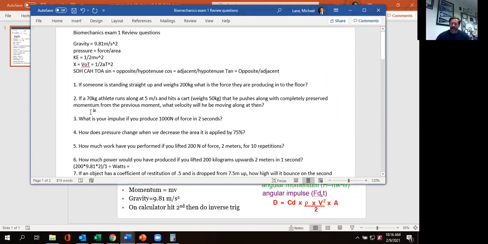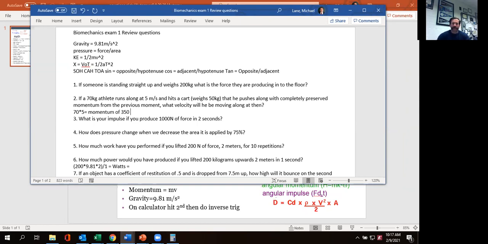So that means that person has an initial momentum of 50 kilograms multiplied by the velocity, which gives us a grand total of 350.